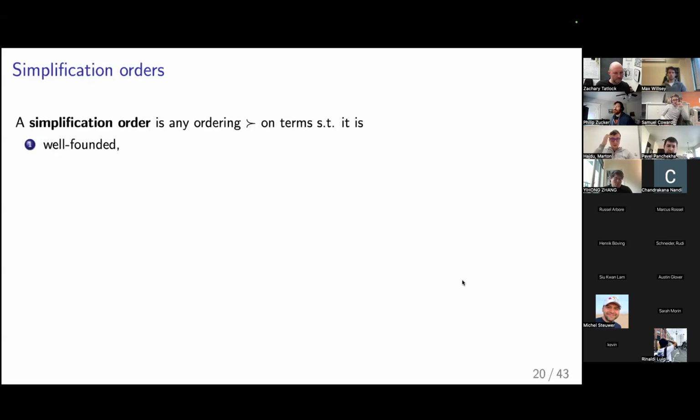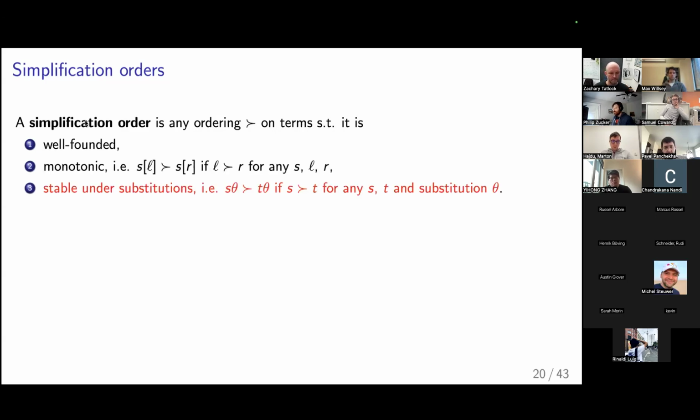And so now let's look at the order that we used in a bit more detail. I have said that it will be called the simplification order. It's an order on terms that is, as I have said, well-founded. It's monotonic, and for the non-ground part, we also need this property, stability under substitutions, which means that if two terms are ordered in some way, then we can apply any substitution on these two terms, and the resulting terms will also be ordered in the same way.